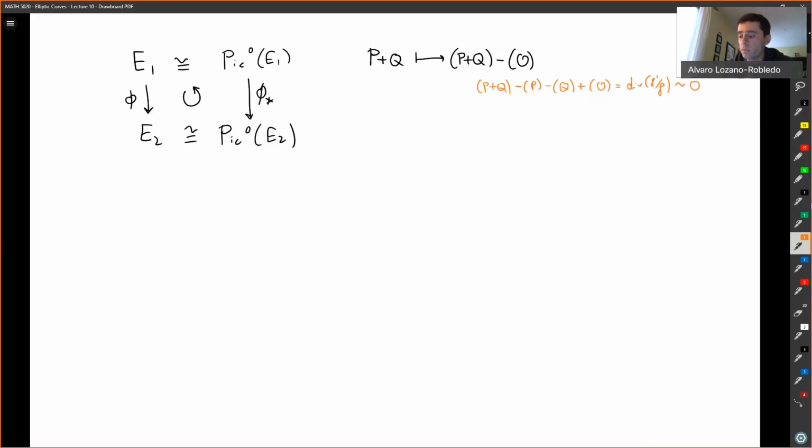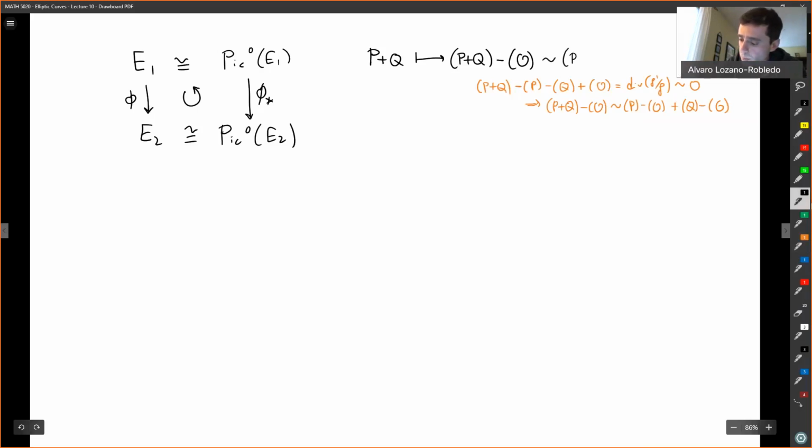And this told me then that P plus Q minus O is equivalent to P minus O plus Q minus O. We proved that to prove that kappa of P plus Q equals kappa of P plus kappa of Q. What that tells me is that P plus Q minus O is equivalent to P minus O plus Q minus O in Picard.